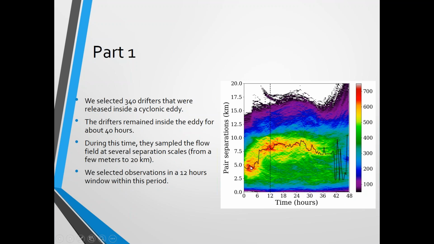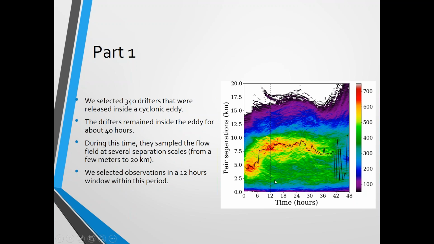So this red color is the mode of the distribution of pair separations, and this is the evolution in time during these roughly 40 hours where they stayed clustered. After this, the black line is the mode. After about 40 hours, there was a storm that disrupted the drifters, and that's why you see this noisy behavior of the mode, and you see the higher spread.